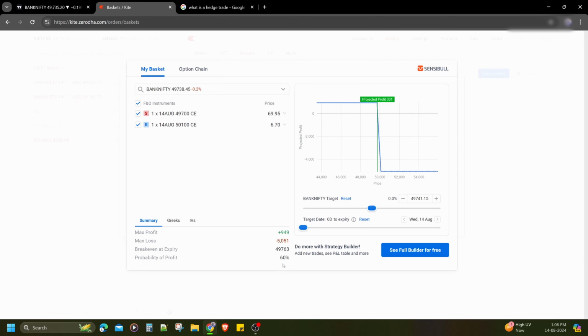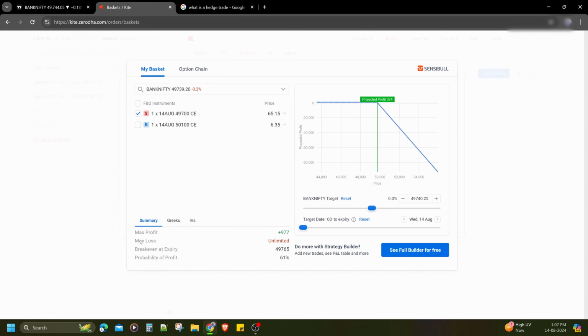It will change over time; as time passes, theta and delta will act on it. So for now, if I remove the hedge trade we added, the 50,100 one, from the basket, you can see our max loss is now at 5,100.